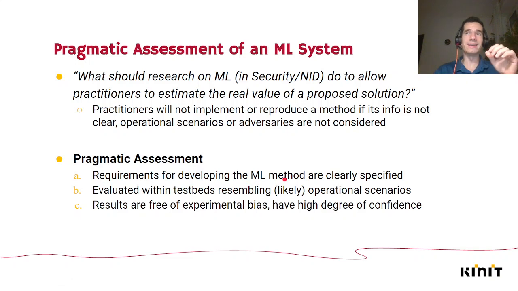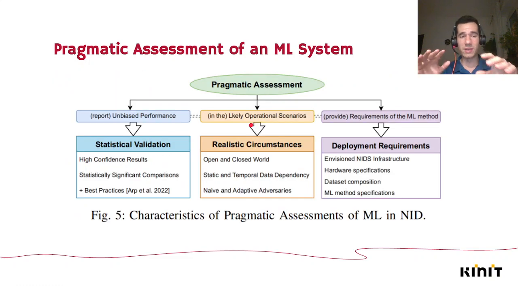We need to clearly specify them. We need to evaluate within test environments or test beds which resemble operational scenarios. And we want to maximize the chances that our results will be free of experimental bias and have a high degree of confidence. So this is basically it.